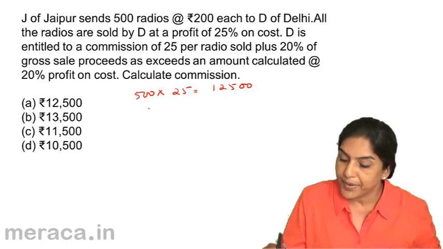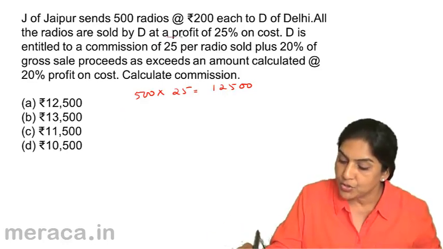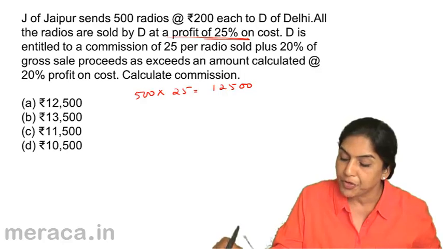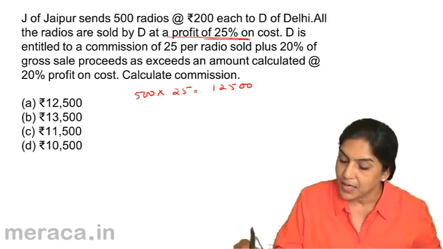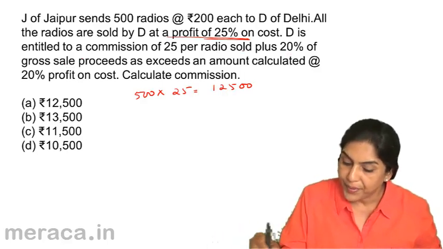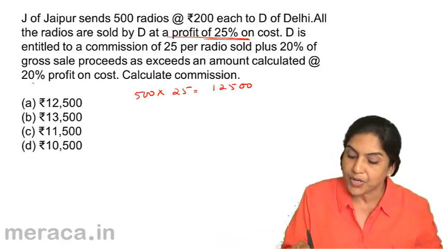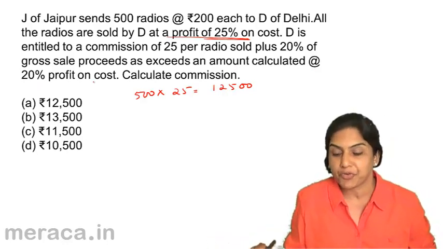So what would be 20% of profit? D sold goods at a profit of 25%, and he gets commission of 20% of gross sale proceeds as exceeds the amount calculated at 20% profit on cost.